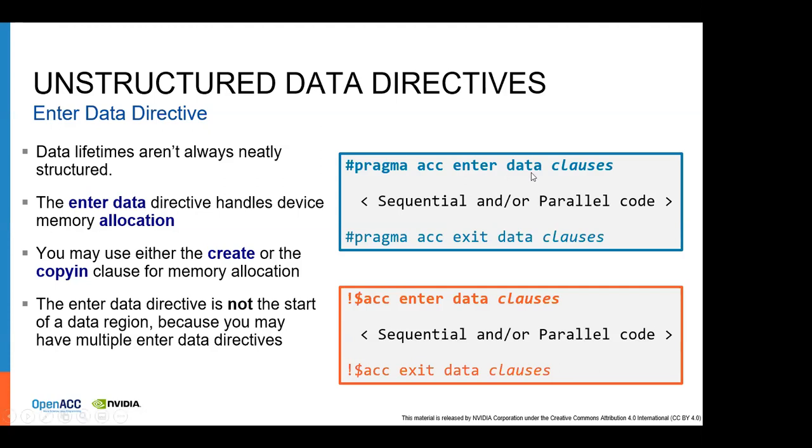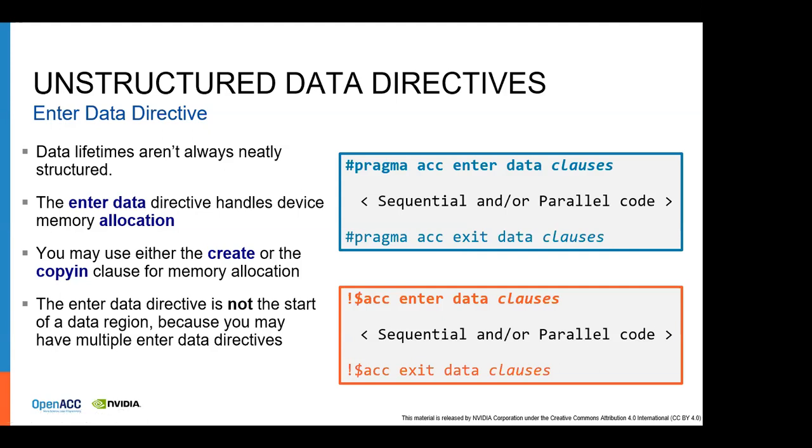Here, in the same way, we're using the same clauses, and simply in this unit, let's say file A.c, we are defining an entry point where the arrays A, B, C will be defined, and the data region will end in another routine in another file.